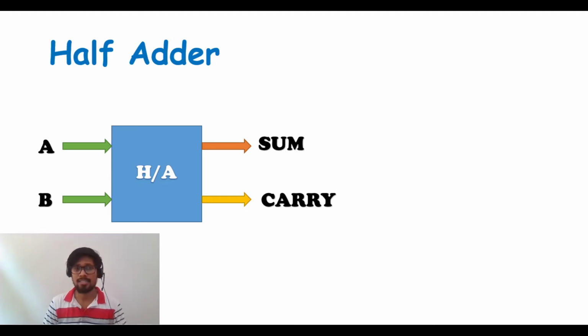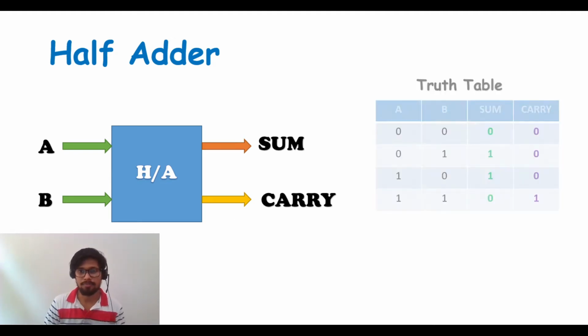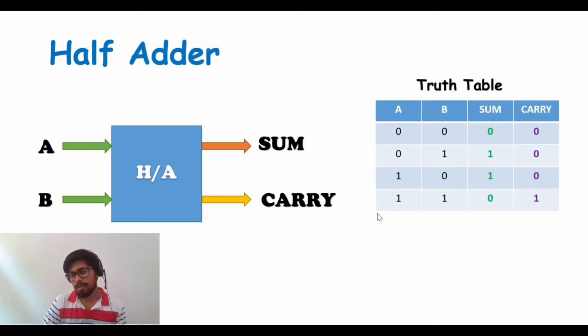Let's see the half adder truth table. Here you can see the sum and carry bit columns, and those are the input columns. When we consider the first row, A and B are 0, 0.